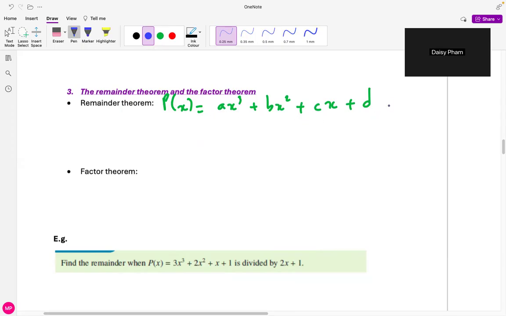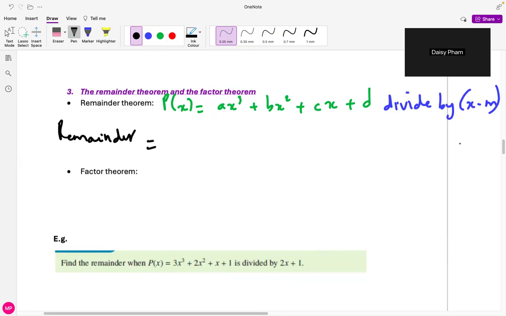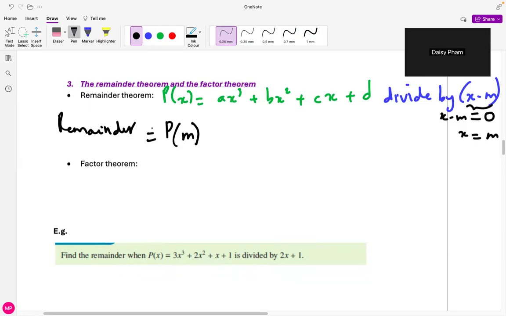If you divide that polynomial by x minus m, the remainder will be found like this: if you let x minus m equal 0, you get x equal m. To find the remainder, you just substitute m into the equation for x. So the remainder is technically p of m. Substitute x as m, and the answer you get is the remainder.